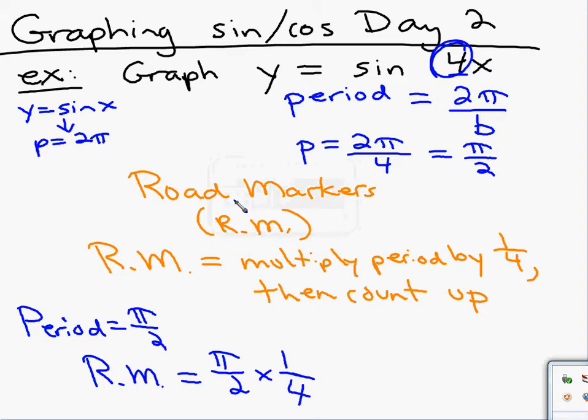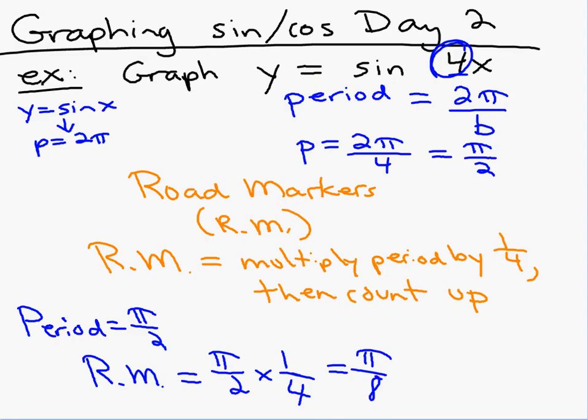So when I multiply pi halves by 1/4, don't I get pi eighths? All right. So my road markers are pi eighths. Let me show you how this works on the graph now. It's very easy.